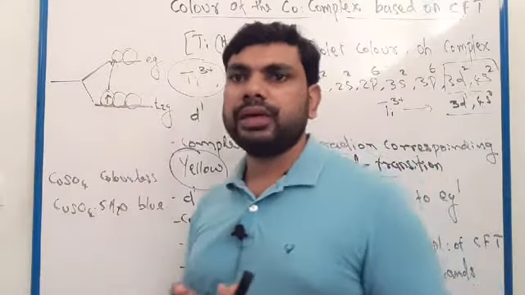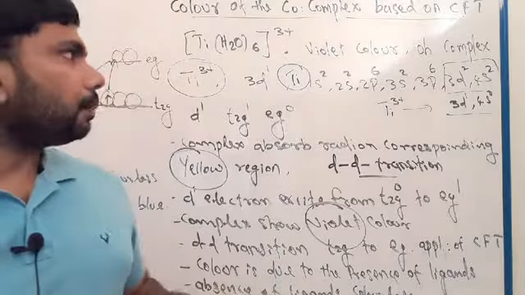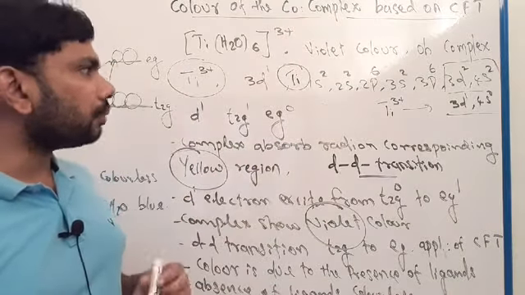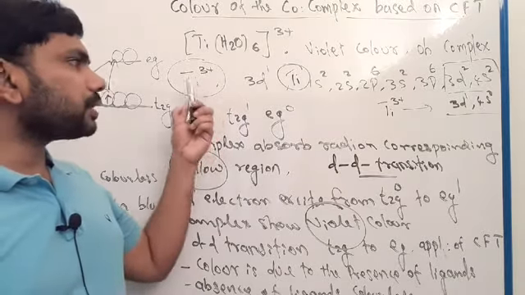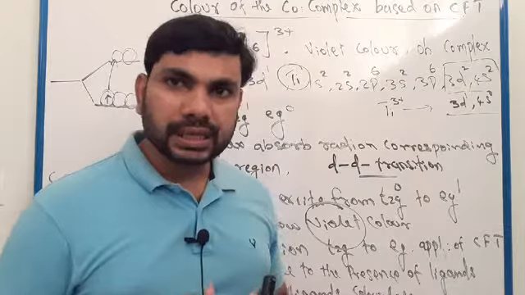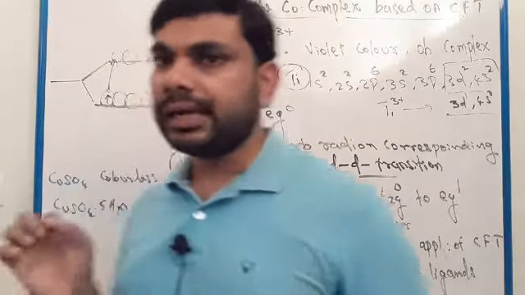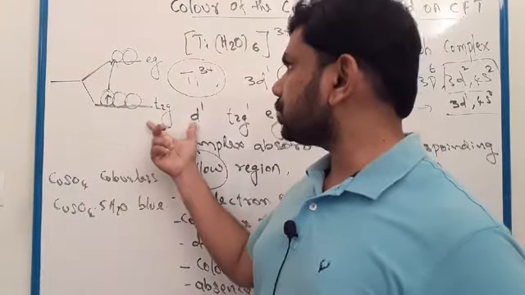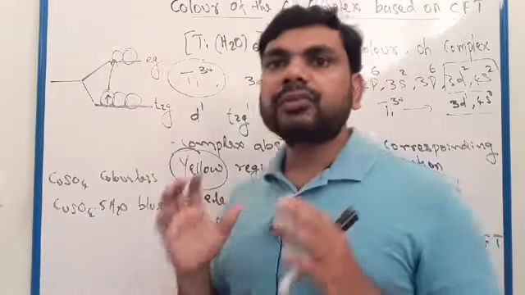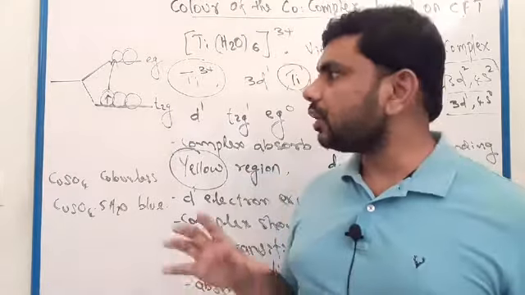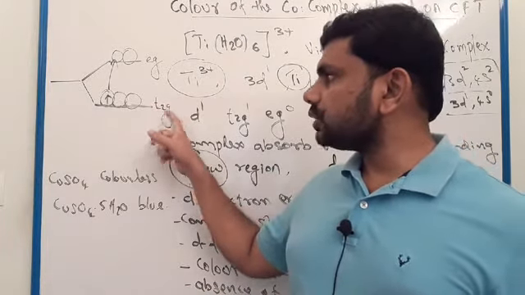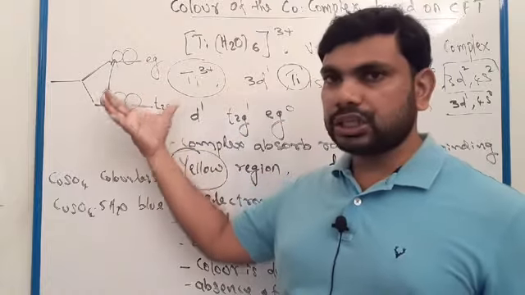So here we discussed one coordination compound, a violet octahedral complex. It is titanium 3 plus, 3d1, which means t2g1 eg0. After passing suitable frequency of light, one electron from t2g is excited to eg.